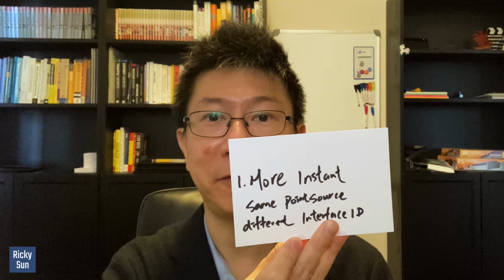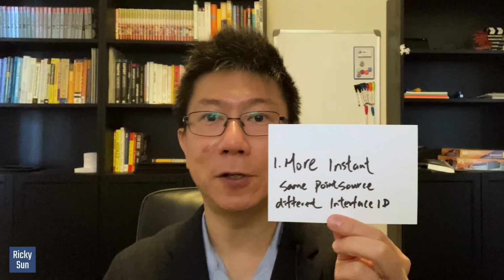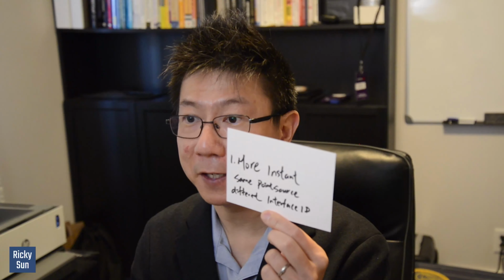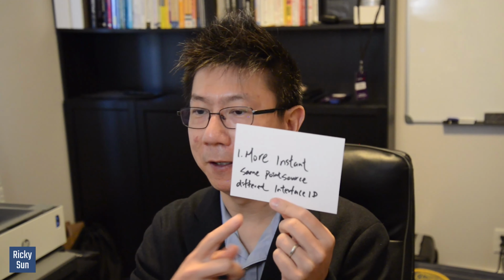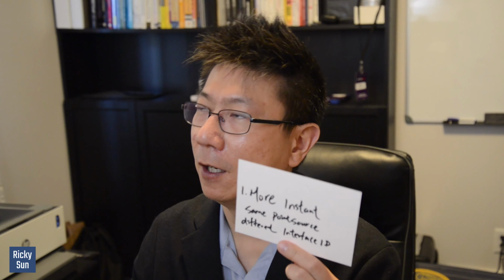So what do we need to do, right? If you have 50,000 tags, we are gonna have more instances of the Pi interface with the same point source with different interface ID, right? We can do that, or we can use a different point source. It's up to you, but a different interface ID will allow you to keep the same point source, right?